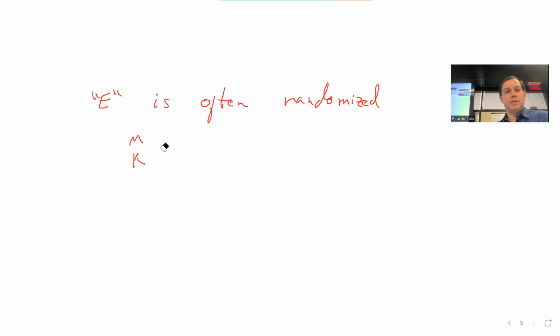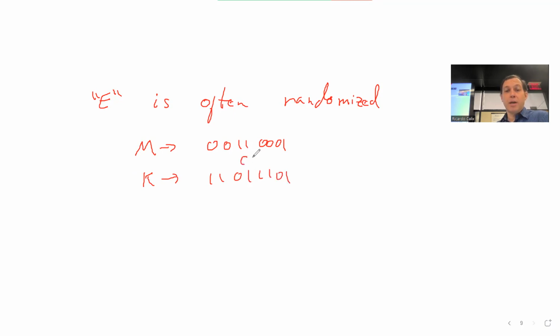Let me give more space to this. What do I mean by this? I have M, the message, something like that. Then I have the key, and the key could be something like that.